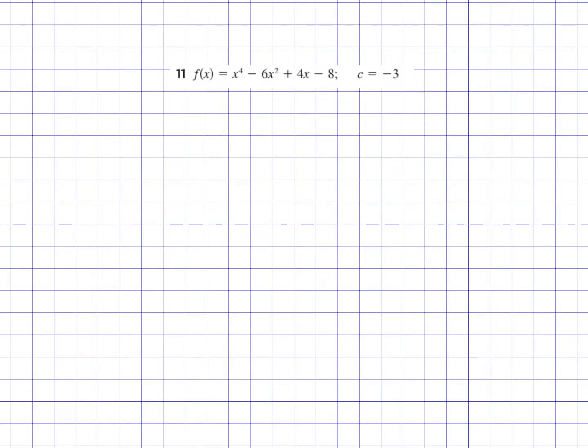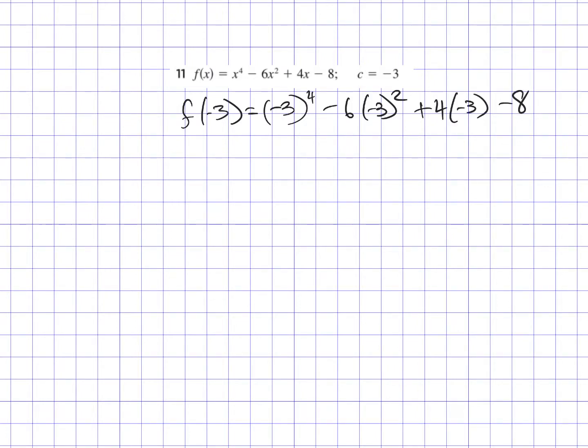Okay, so we plug negative 3 in and see what we get. Negative 3 to the 4th will be positive, squared will be positive, and that will be negative. So negative 3 to the 4th is 81. This is positive 9 times negative 6, which is negative 54.